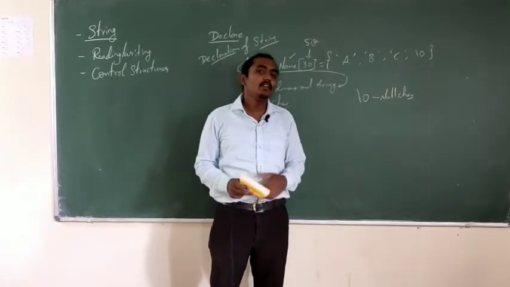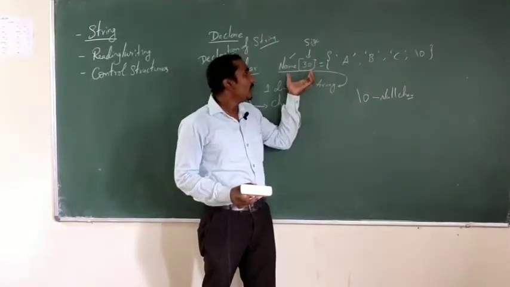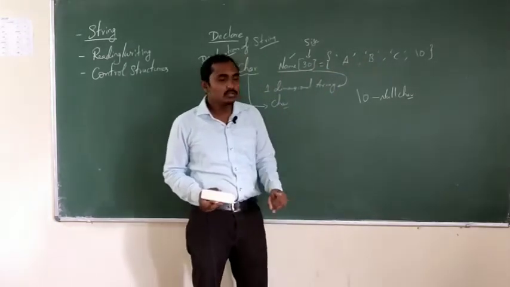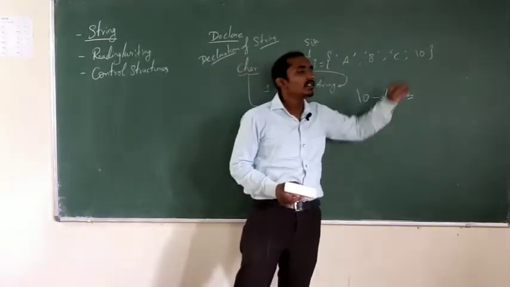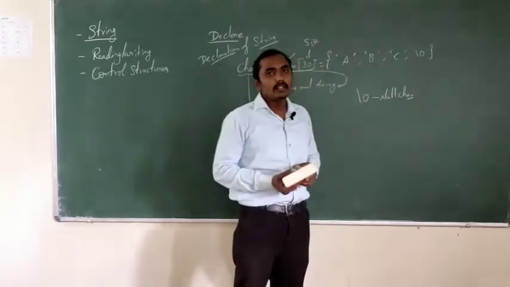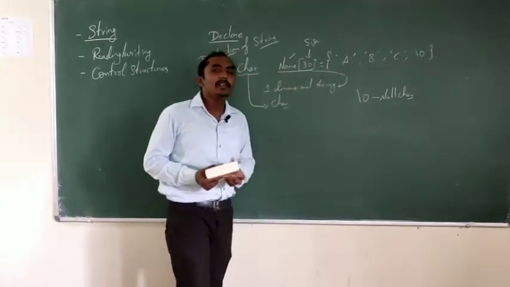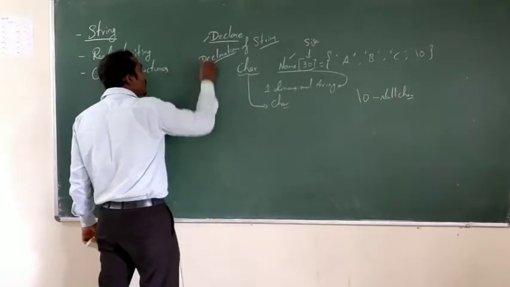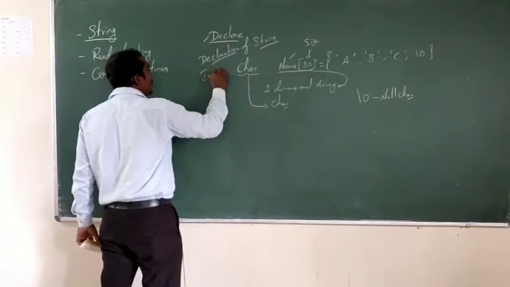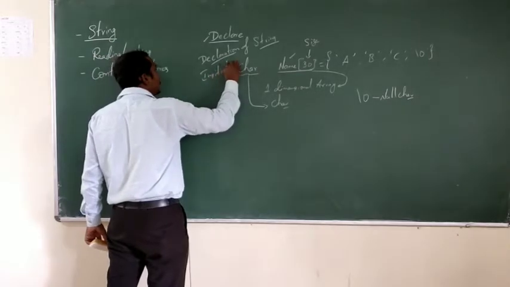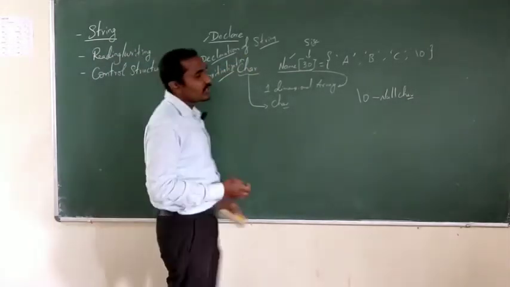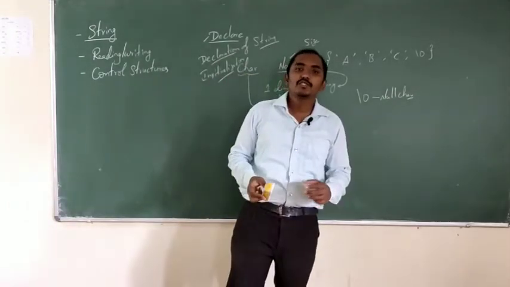It will be appended automatically. Whenever I initialize individual characters by using single quotes, in that case I need to use the null character at the end, which represents the end of the particular string, right? So this is how we can do declaration as well as initialization. Hope this is clear for initializing as well as declaring a string.